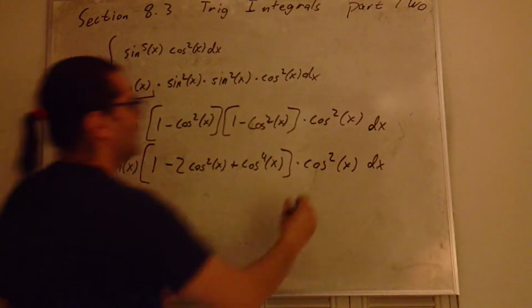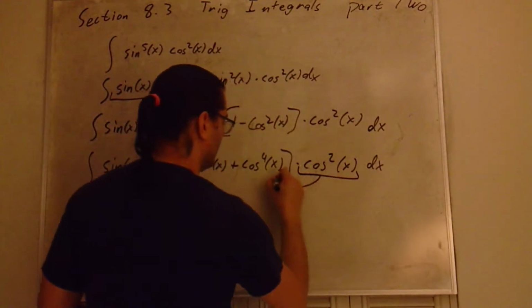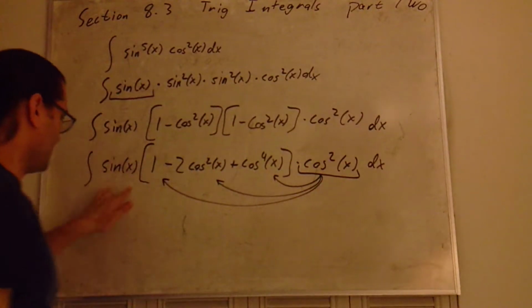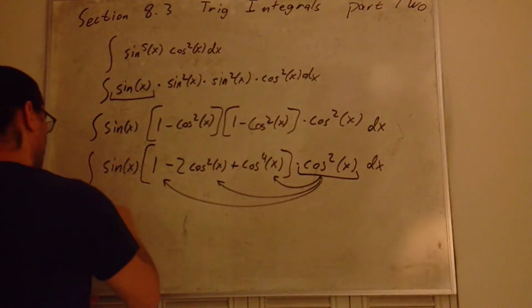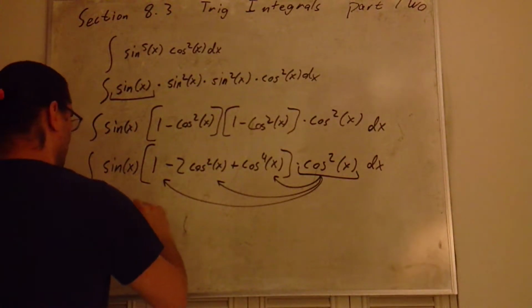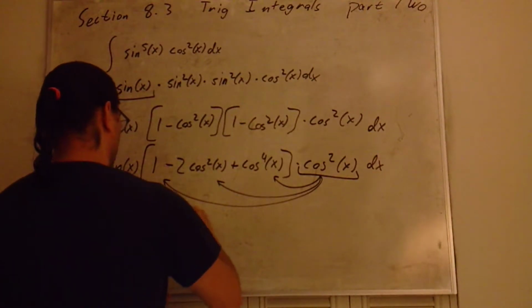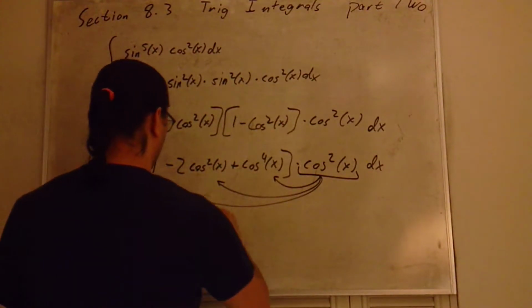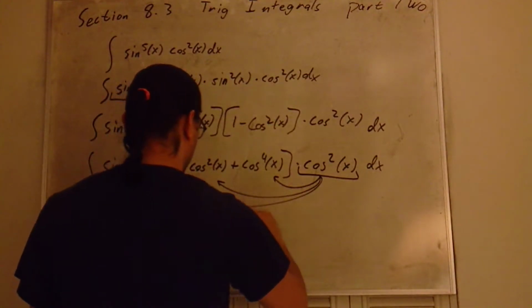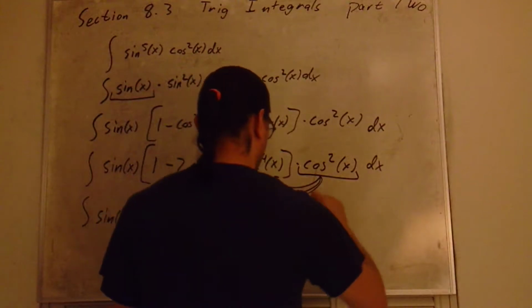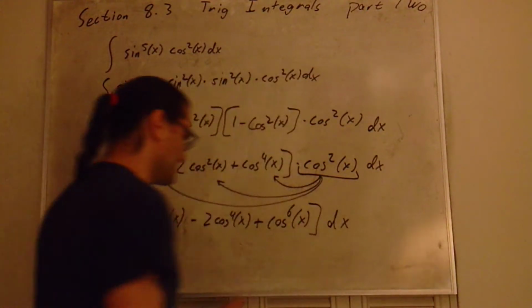So I'm going to distribute this in here so that I can consolidate all of my cosines. Still going to leave this separate. This is sine of x times, big brackets, cosine squared minus 2 cosine to the fourth plus cosine to the sixth dx.